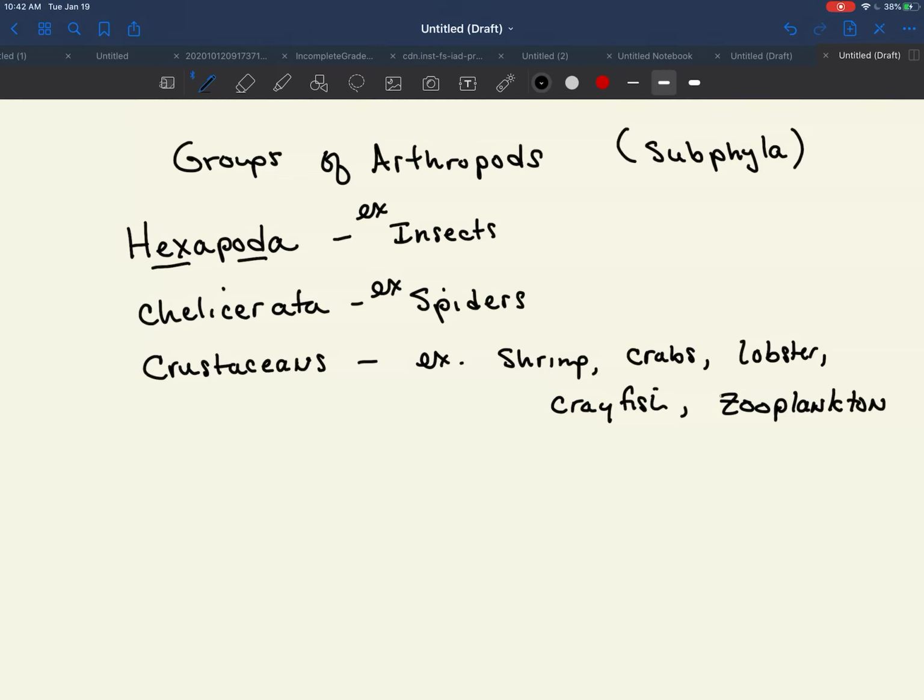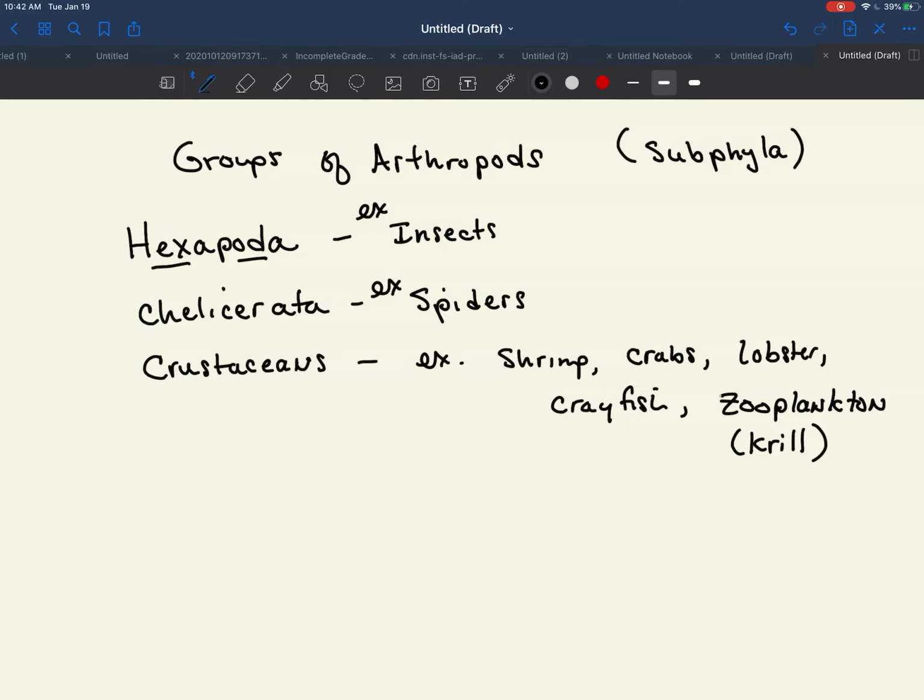A lot of the zooplankton are crustaceans, like tiny little Daphnia or tiny little shrimp, and they form the basis of many of our food webs in the aquatic environment. Krill would be another example. Large whales can survive on krill, but krill also make up the food chain that eventually leads to things like dolphins. Okay. So that would be a major group.